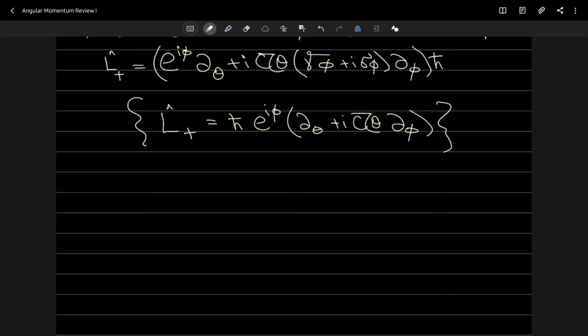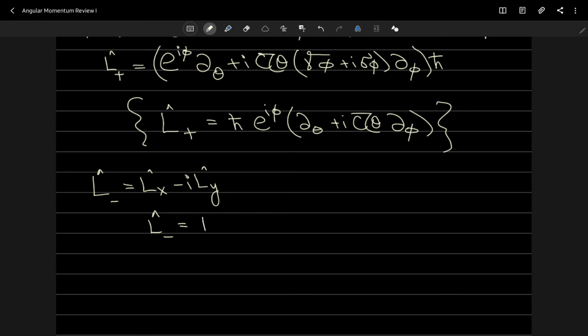And from this relation, that L minus is simply Lx minus iota Ly, you could compute yourself the value of L minus now, just as we did for L plus, right?